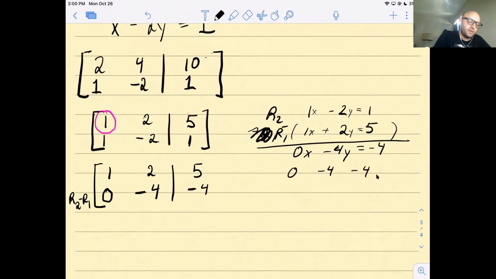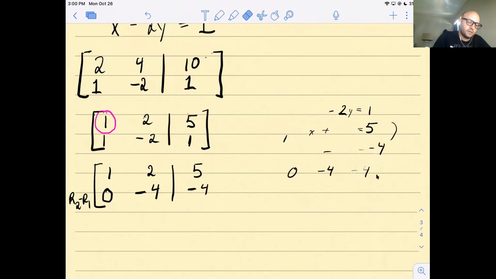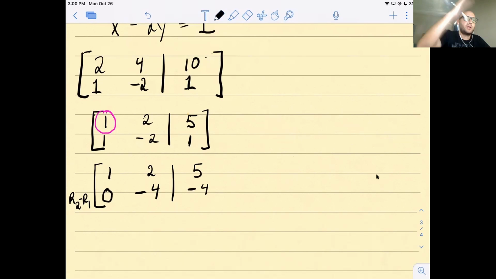If you get rid of all the x's and y's, let me rewrite it, just to show you that it's the same thing as what we were doing before. But we don't really need to write them because the x and y information is stored in the position. So this is going to be 1, negative 2, 1, and you take away row 1, which is 1, 2, 5.